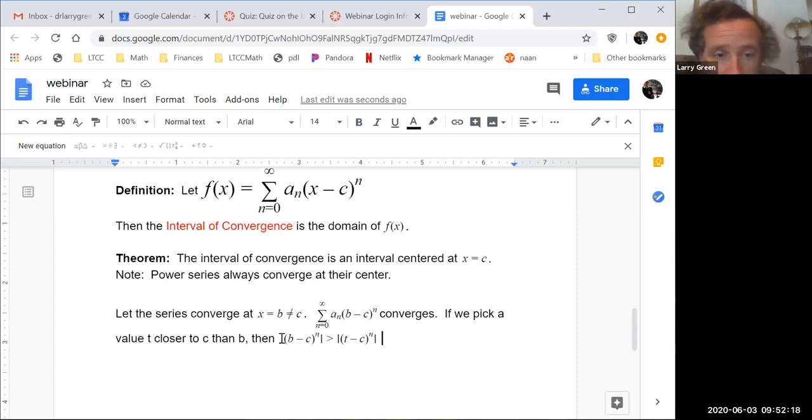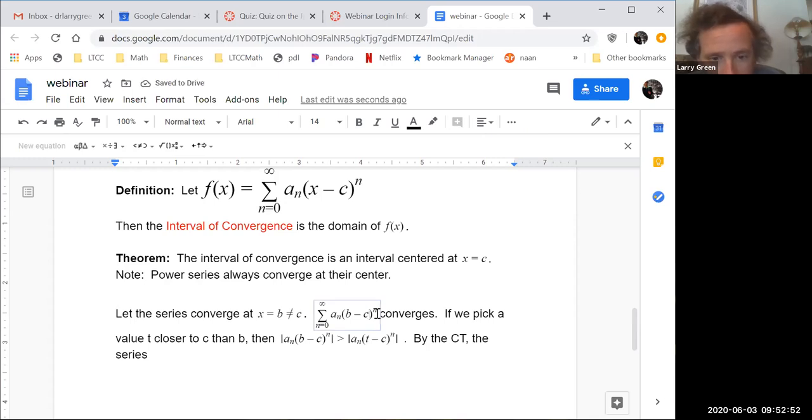And by the way, you can throw in an a_n if you want, just for fun, because that doesn't change anything if you multiply both by a_n, just to make it really look right. Yeah, this is a comparison test. So by the comparison test, the series with the t converges.